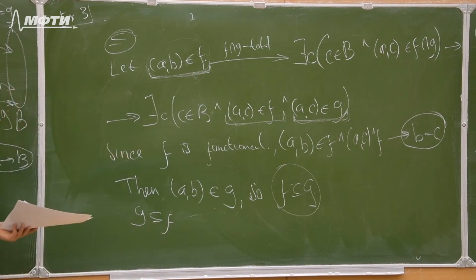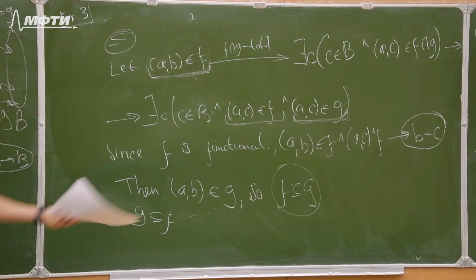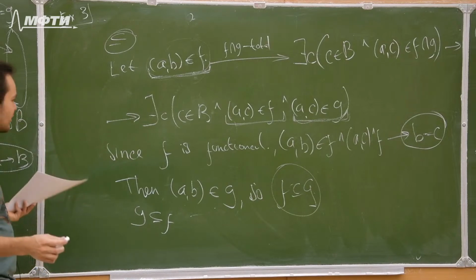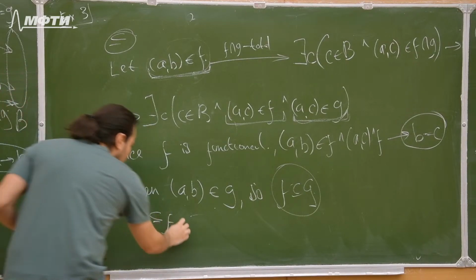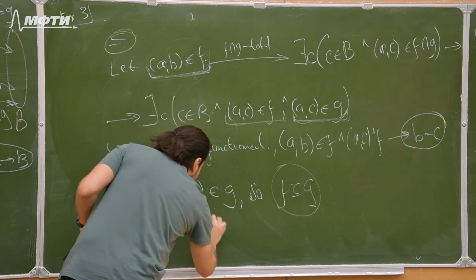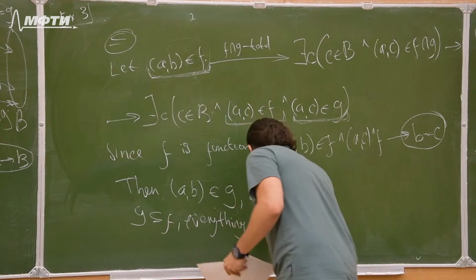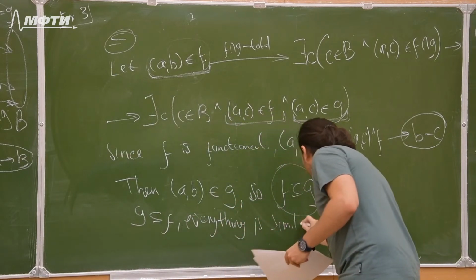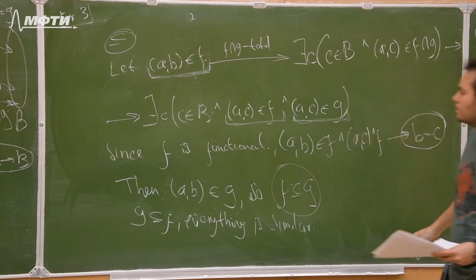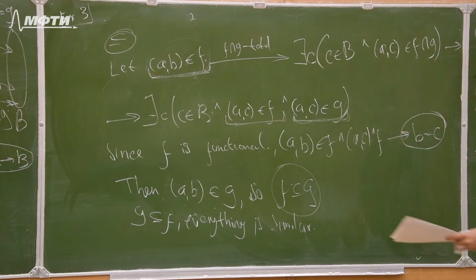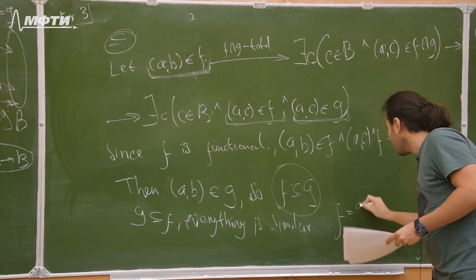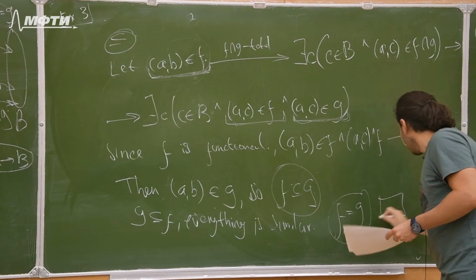The same way, so we have to write exactly the same. I'm not going to do it because it is exactly the same. Everything is similar, and then we obtain that F is equal to G. And we're finished with the proof.